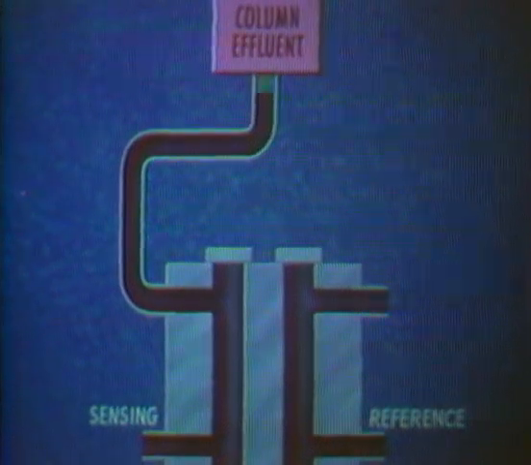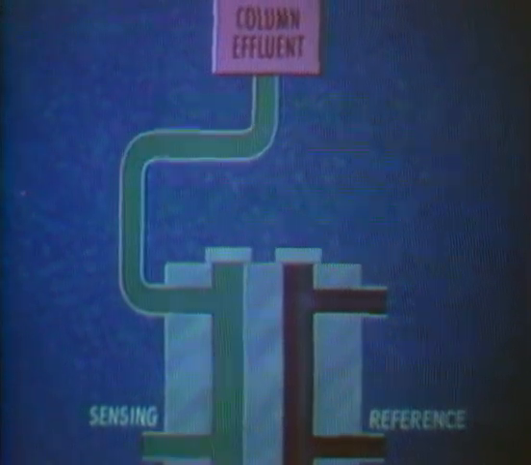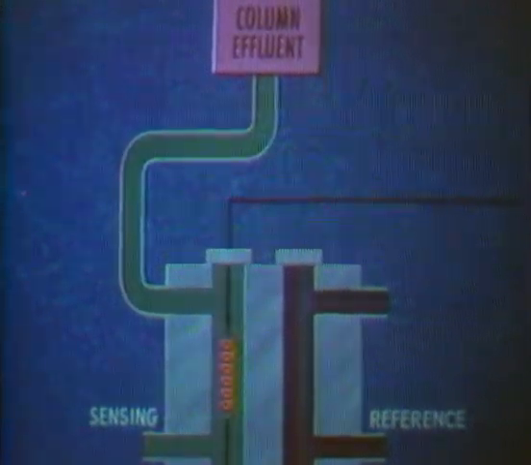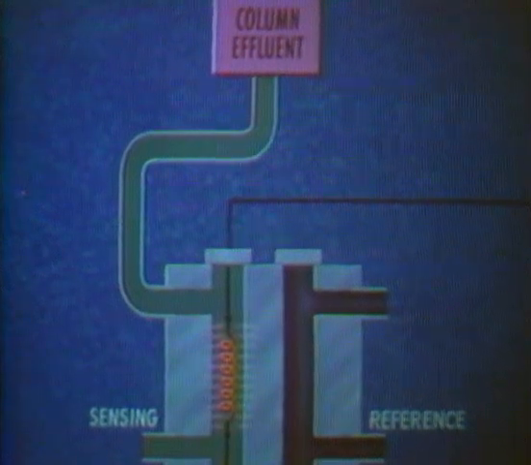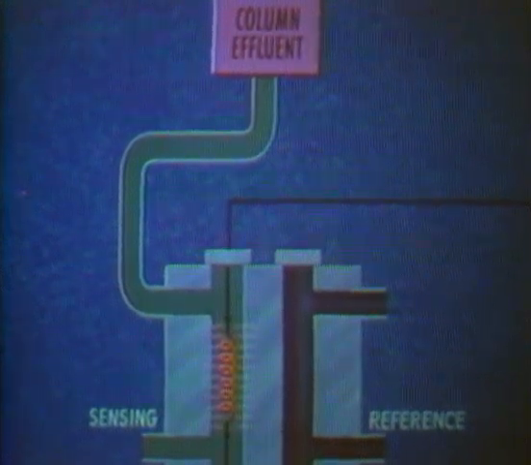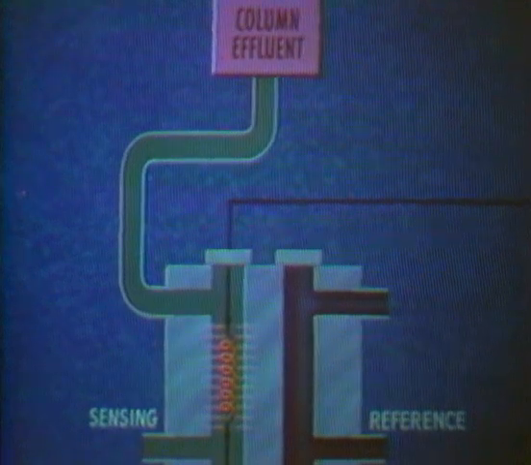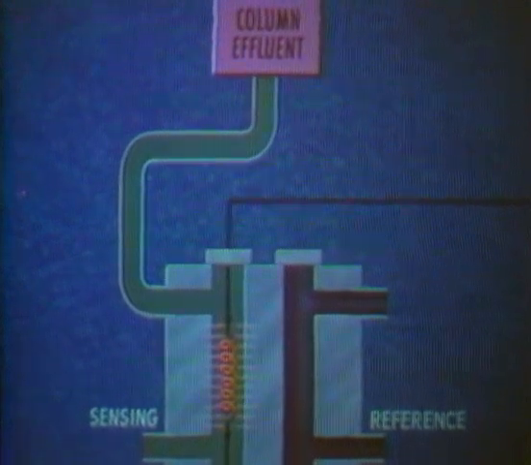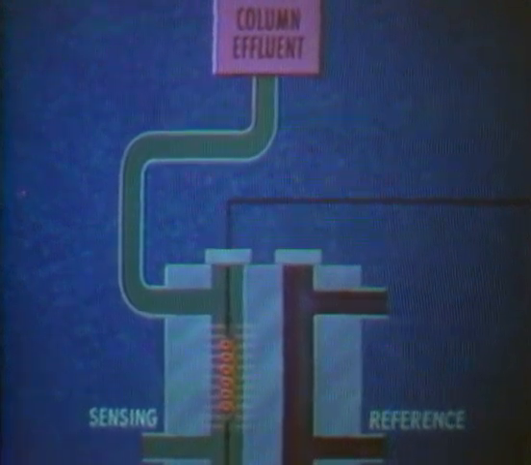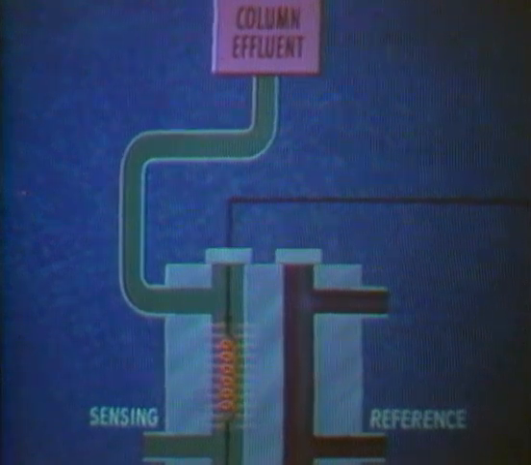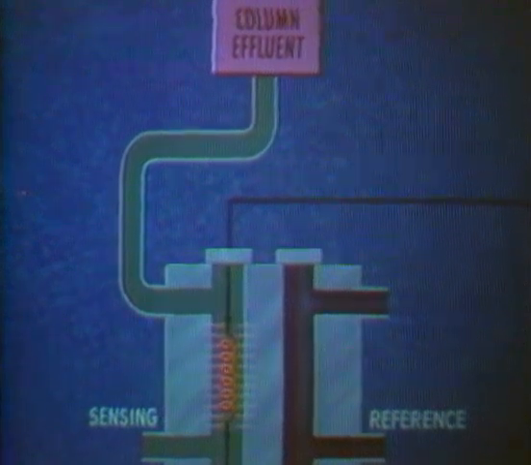The effluent from the column passes over an electrically heated filament. The flowing gas conducts heat from the hot filament to the cooler metal block at a constant rate, as long as the column effluent consists only of pure carrier gas. Thus, the filament's electrical resistance remains constant under these conditions.